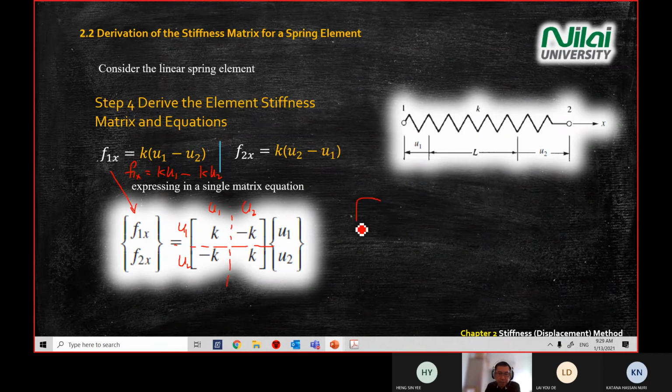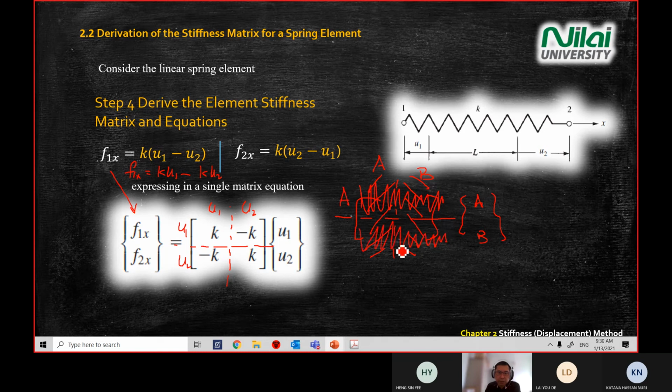So in a matrix, you can break it into coordinates. Let's say you have A and B unknown that you want to find. So this column will link up with A. This column will link up with B, and this row will link up with A. This row will link up with B. Do you understand the concept?